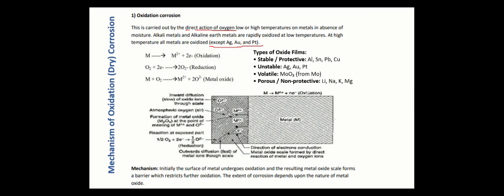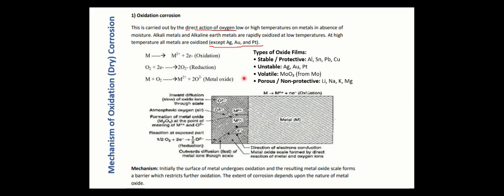Let us see the mechanism of oxidation corrosion. When a fresh metal surface comes into contact with oxygen, the outermost layer of the metal gets oxidized immediately. This results in the formation of a metal oxide scale, which acts as a barrier between the underlying metal and the environment.